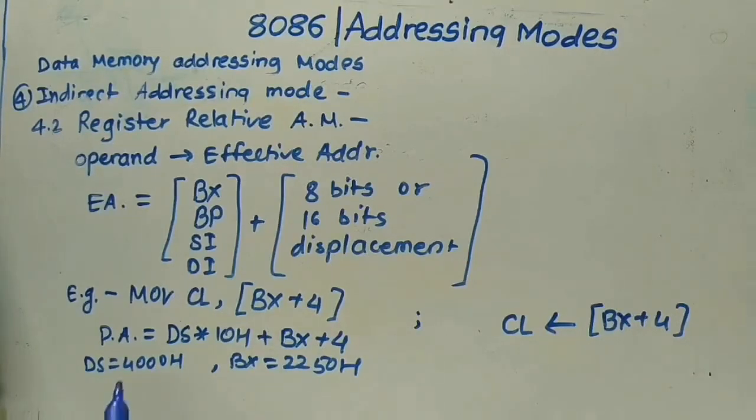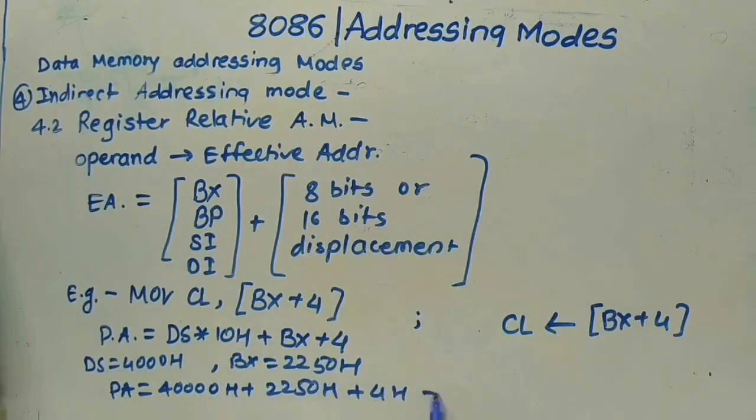The physical address will be 4000 into 10, so it is 40000H, plus 2250H plus 4H, which is equal to 42254H. From this physical address 42254H, the content will be moved to the CL register. This is the register relative addressing mode.